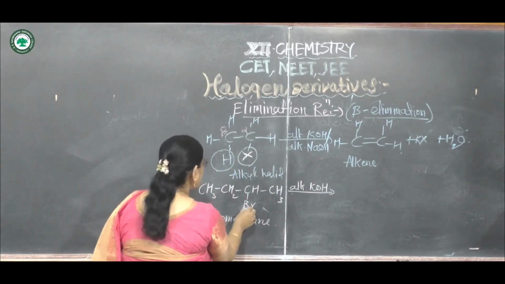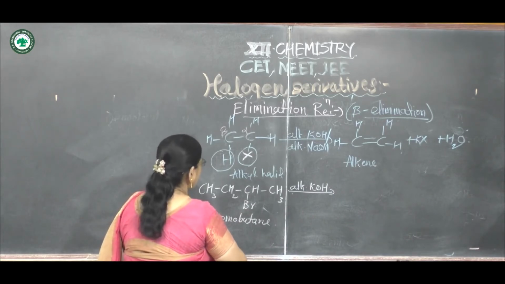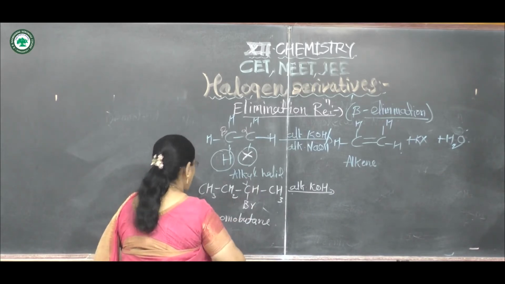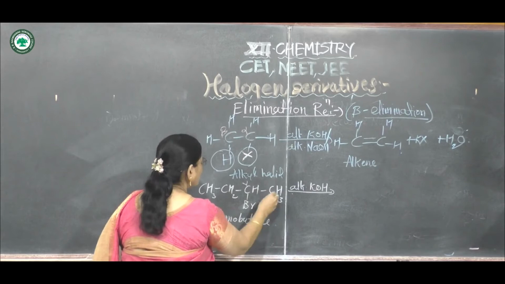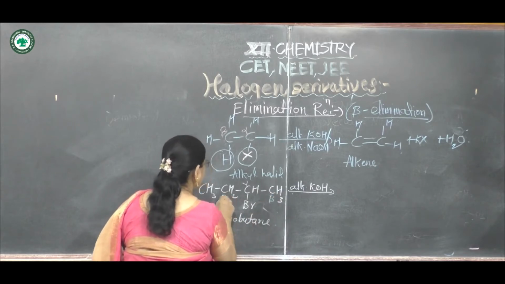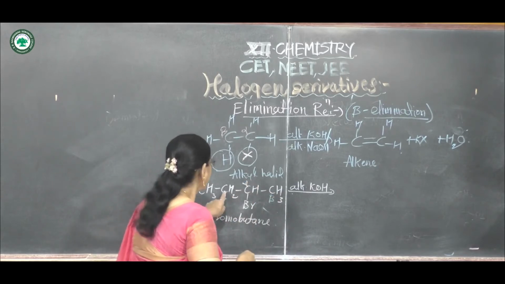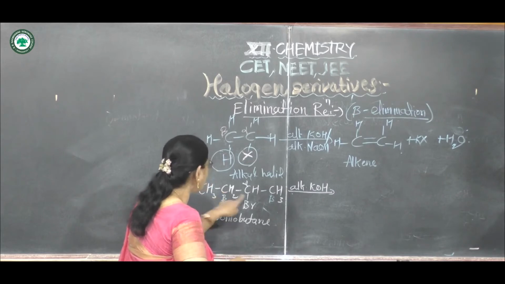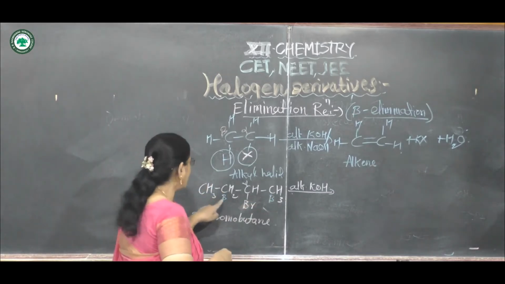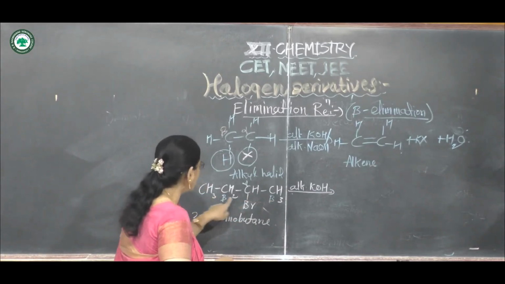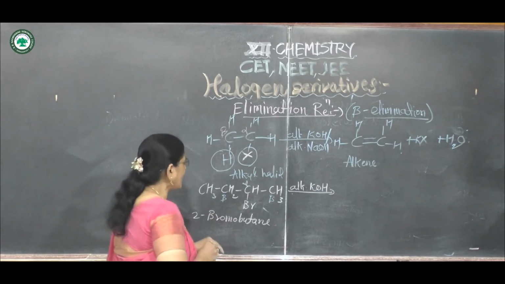Suppose this bromine atom is attached to this carbon atom, this is the alpha carbon atom, and there are two beta carbon atoms adjacent to it.